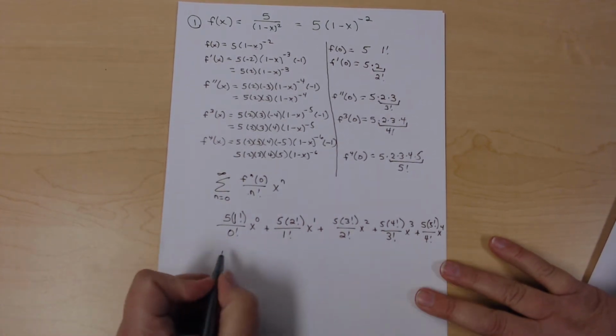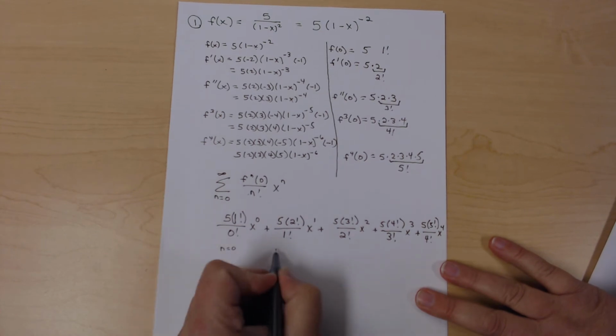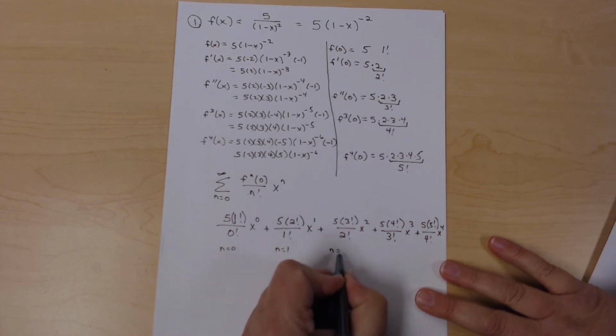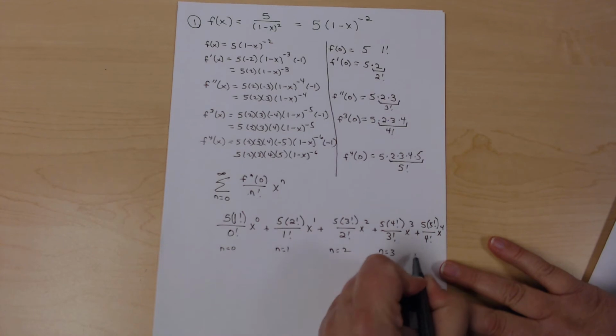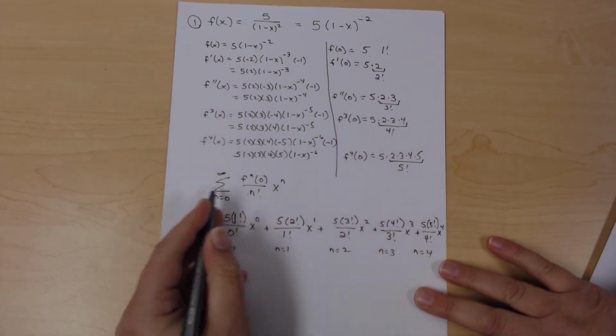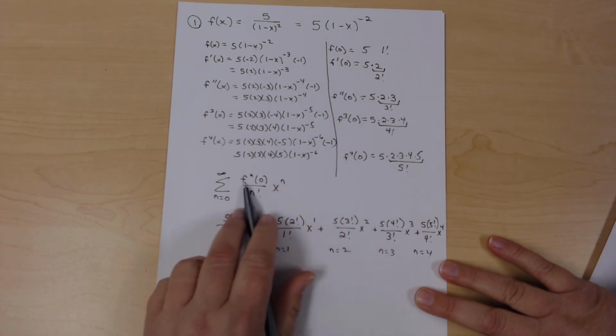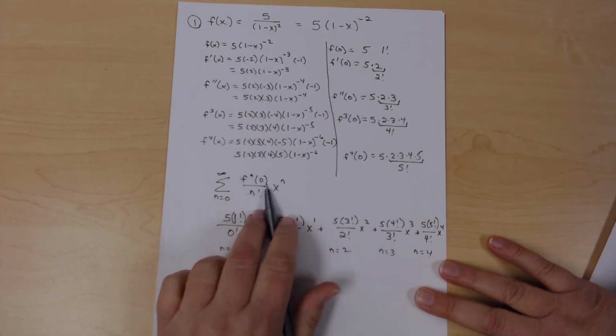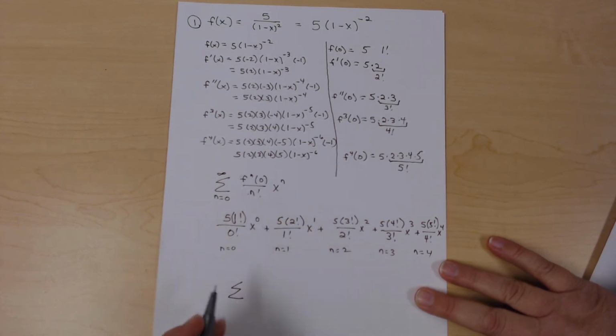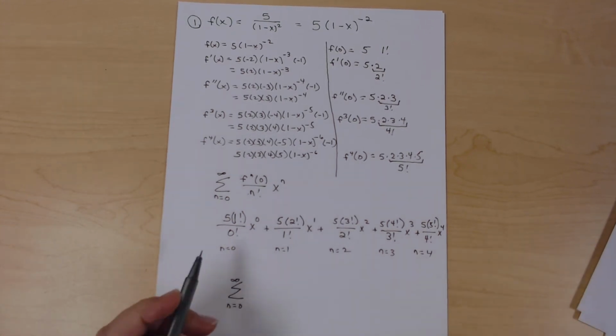So now from this, n equals 0, n equals 1, n equals 2, n equals 3, n equals 4. Now I just have to rewrite it. Most of it is going to stay the same. I basically have to come up with a pattern for this, because these are going to match. N equals 0 to infinity.